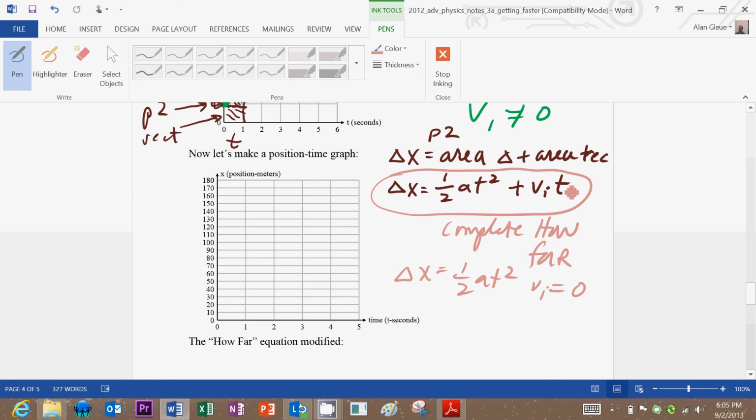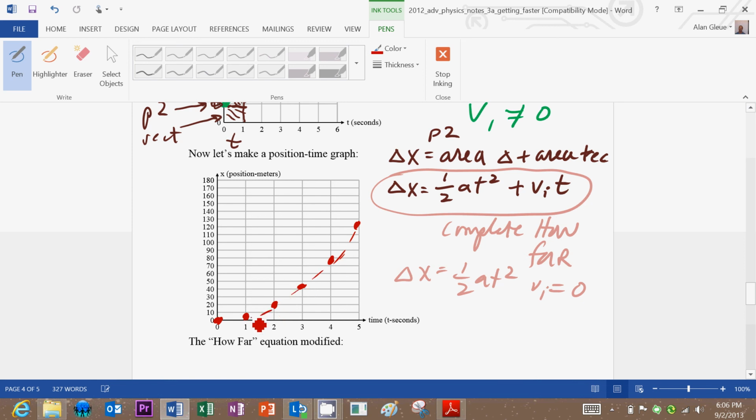Okay, well, let's see what sort of difference that makes to my position time graph. Let me put on what we had before, in a different color. If you go to page 2 of the notes, we ended up getting a top opening parabola, and the car ended up getting to 125, right?